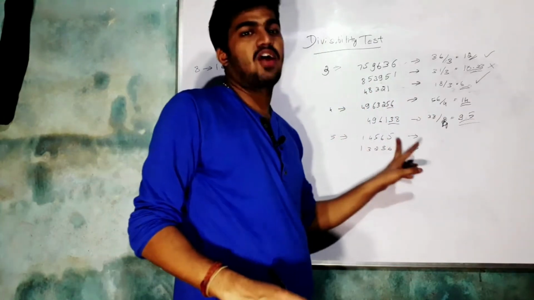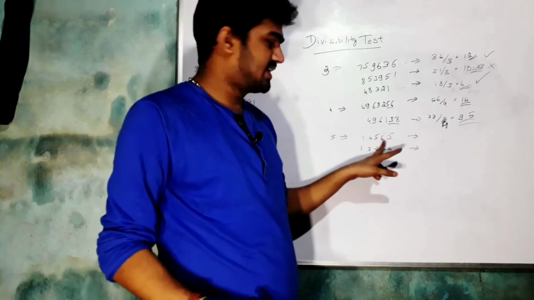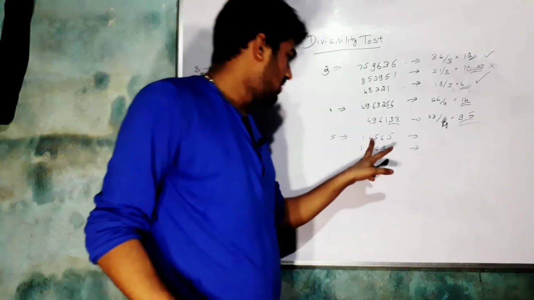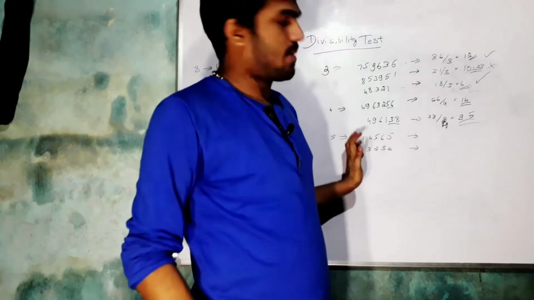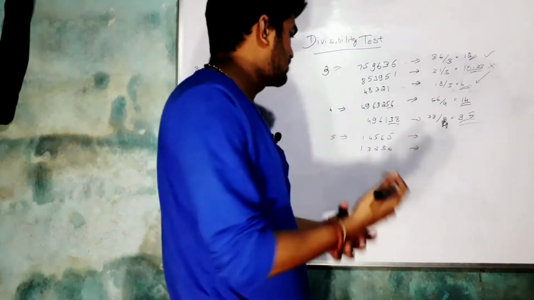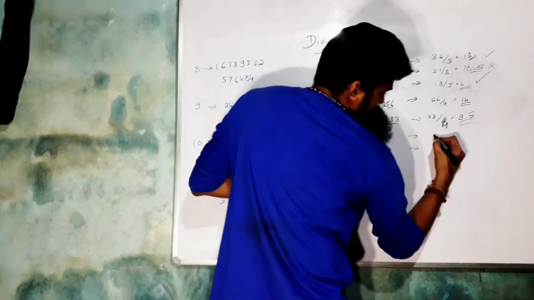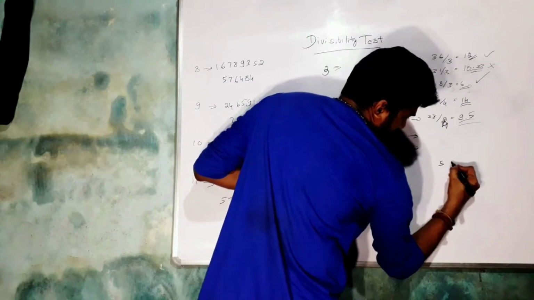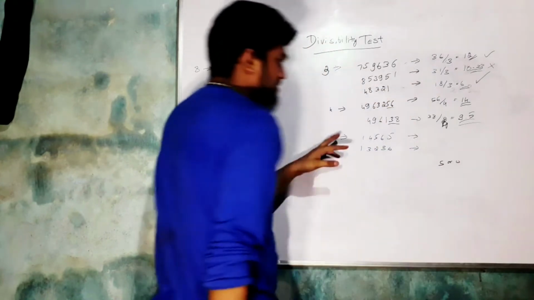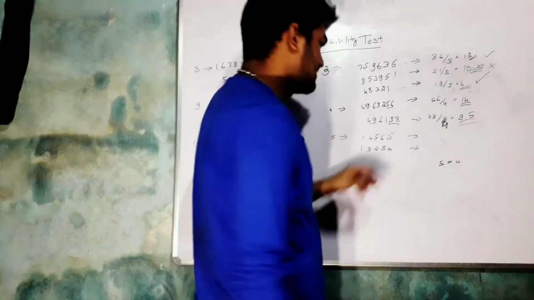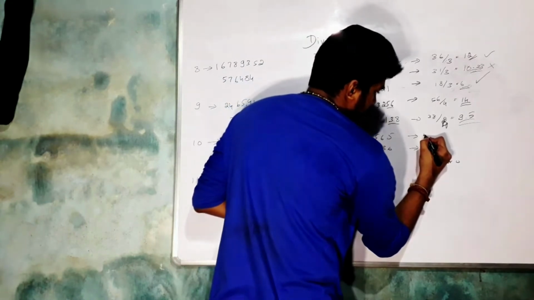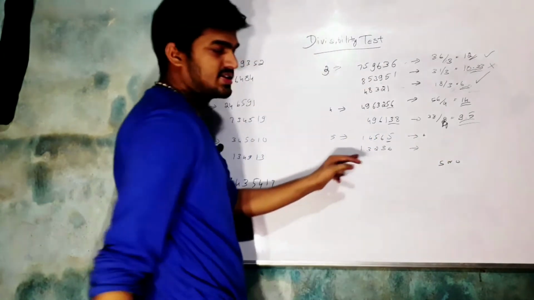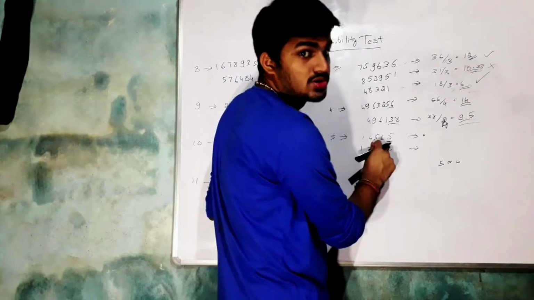Let's take number 5. Let's take this number, 14565. For number 5, it's simple: the last digit must be 5 or 0. Take the last digit and see if it's 5 or 0.